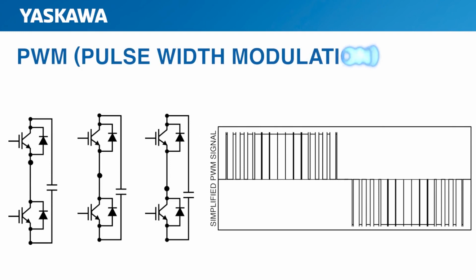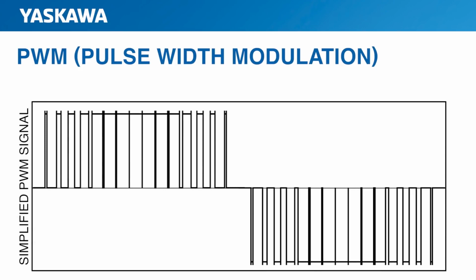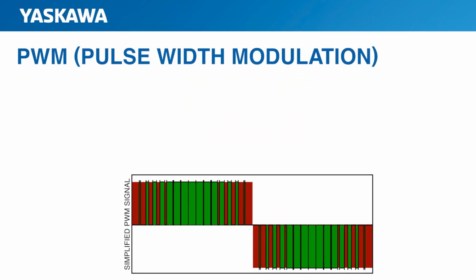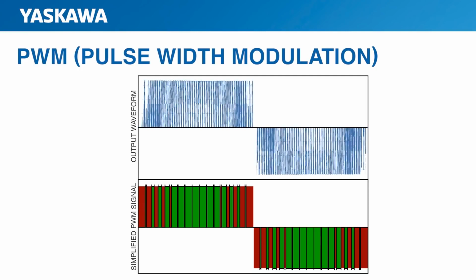The IGBTs are basically switches that work at a very fast rate. Since they are either on or off, the only thing we can change is the amount of time they are on or off. So, to build this waveform at the beginning, we stay on for a very short period of time. Then we increase our on time relative to the base sine wave we are building from.